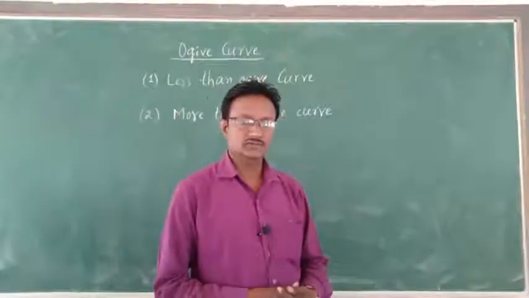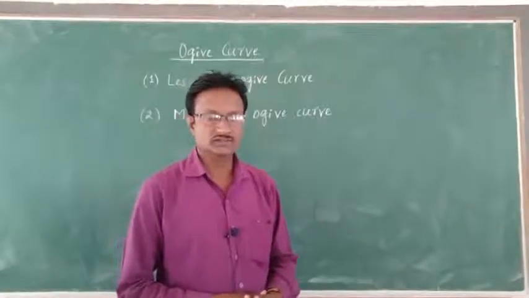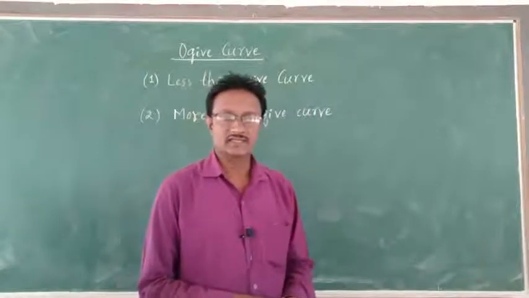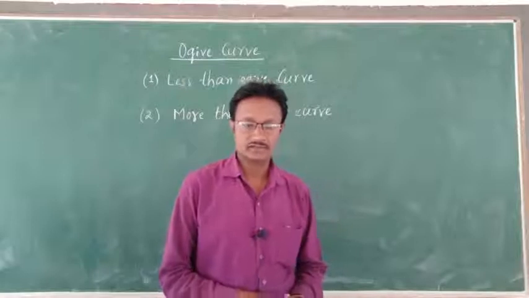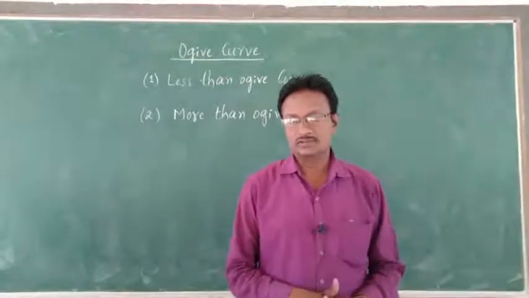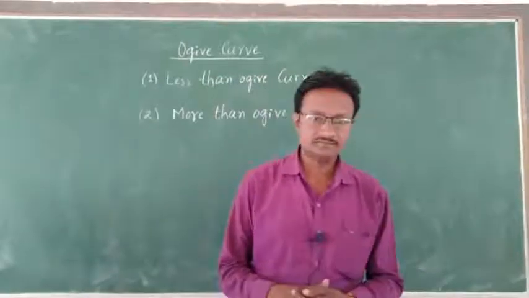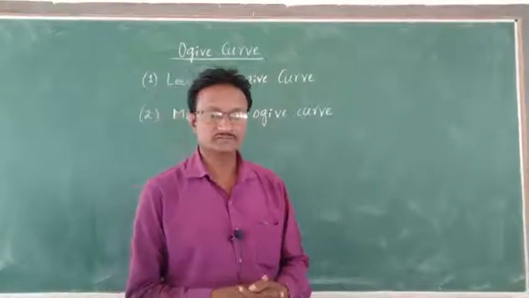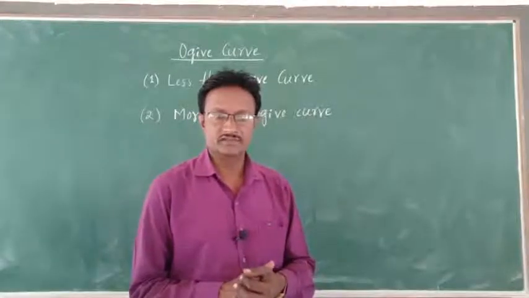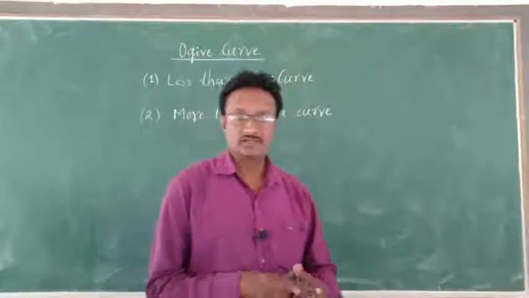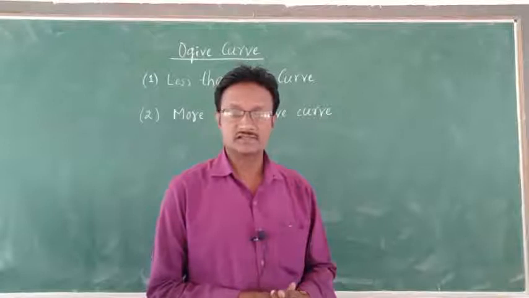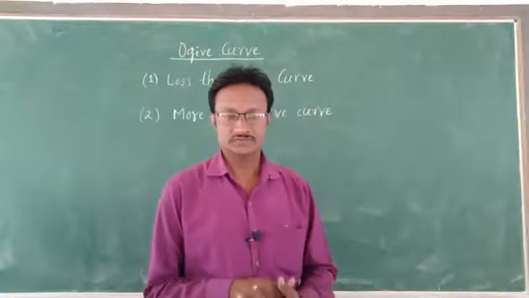First, we have to learn about the meaning of less than ogive curve. The smooth curve drawn corresponding to less than cumulative frequency and upper class boundaries or upper class limits is called less than ogive curve.